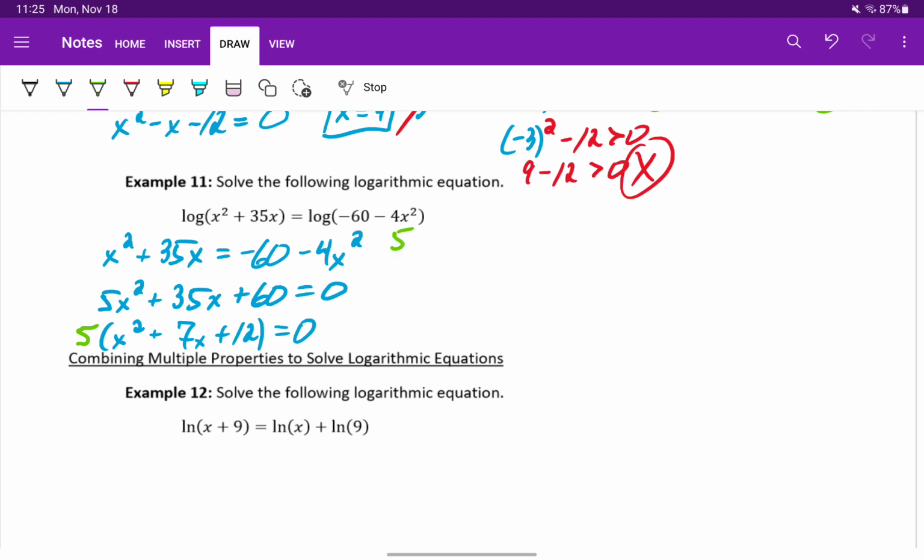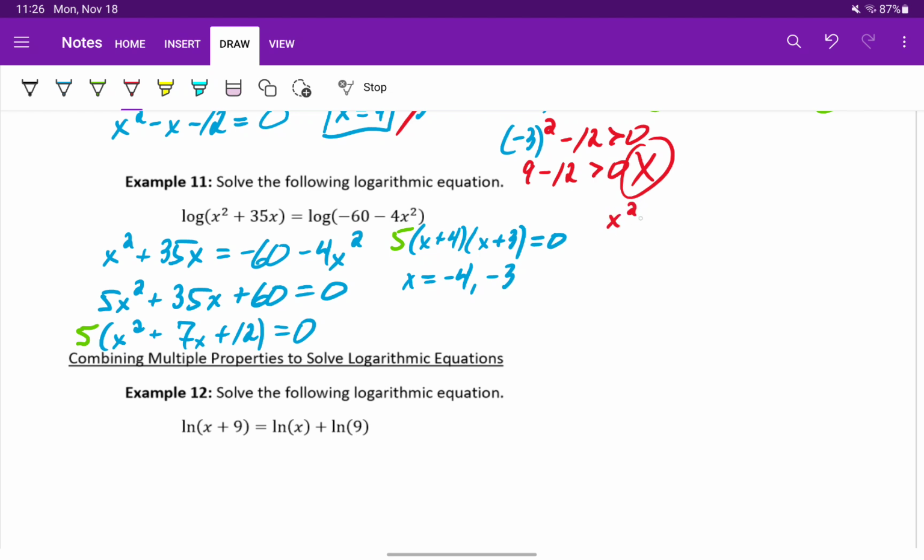And then factoring, we'll get 5 times x plus 4 times x plus 3 is equal to 0. This gives us x equals negative 4 and negative 3 as possible solutions.